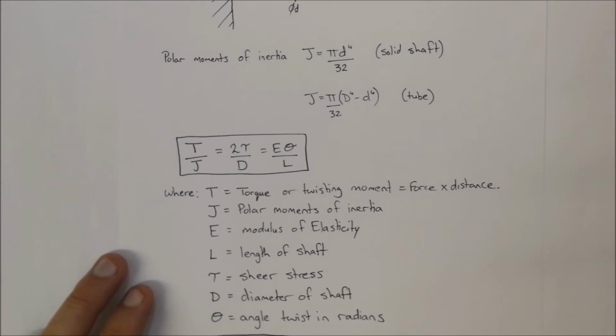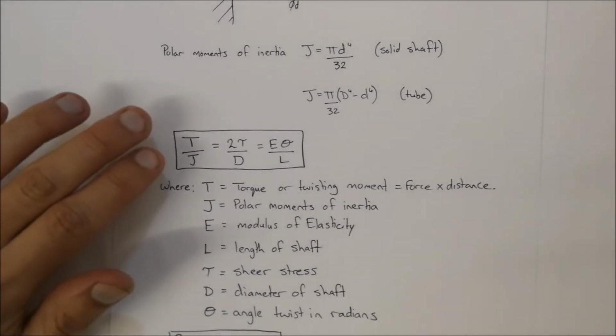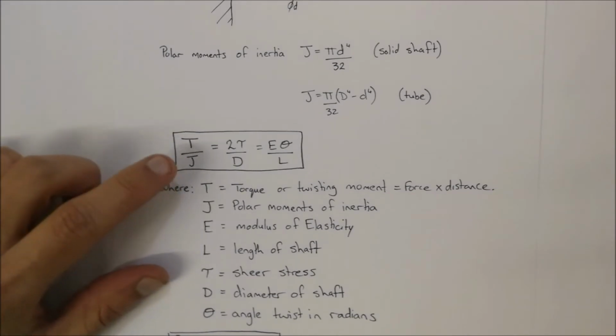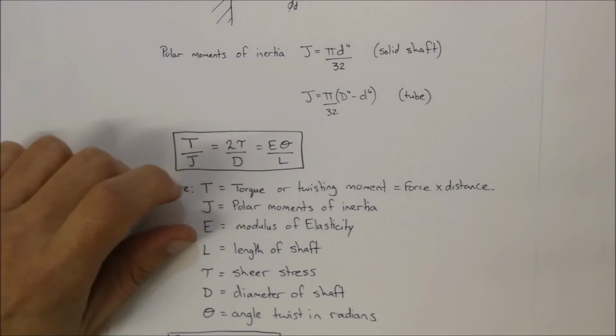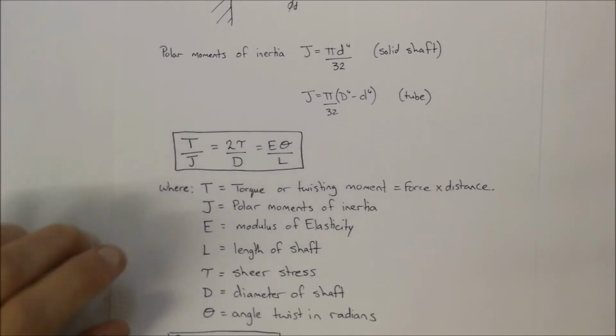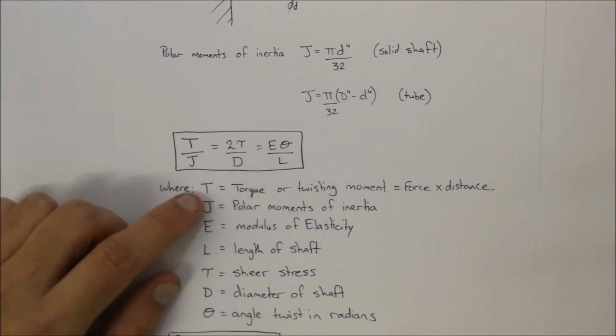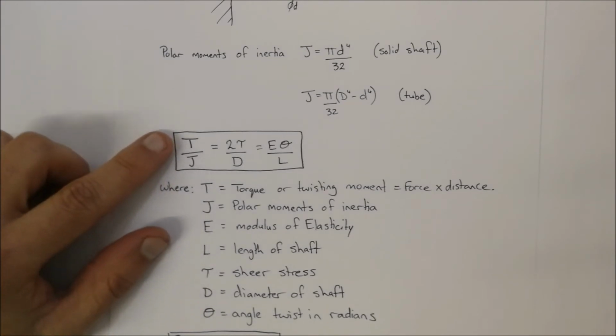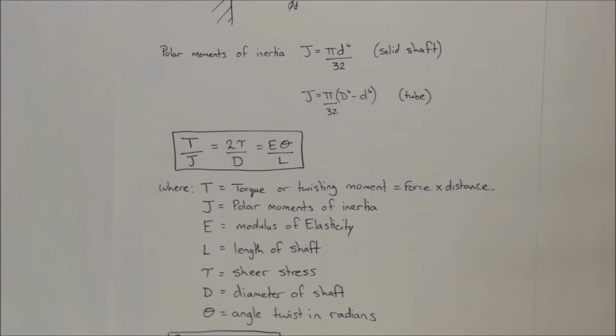The equations for torsion of shafts are indicated in this box. We've got T over J is equal to 2 times tau over D, which is equal to G theta over L. T over here is the torque or the twisting moment. And remember, torque or moment is equal to the force multiplied by the distance.